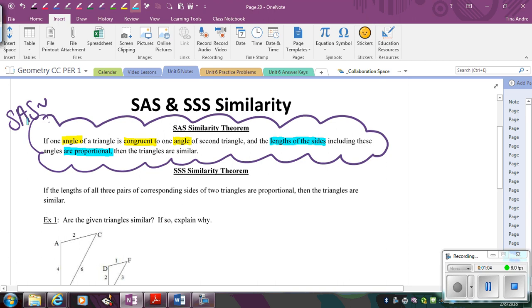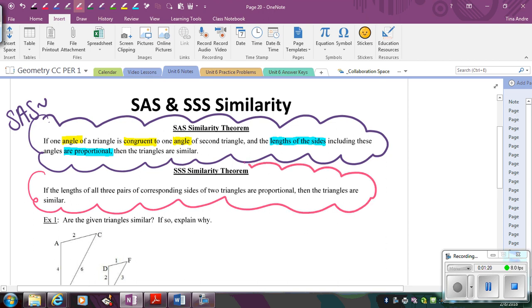Then the triangles are similar. It's important to keep in mind that the S's stand for proportional sides, not congruent sides.